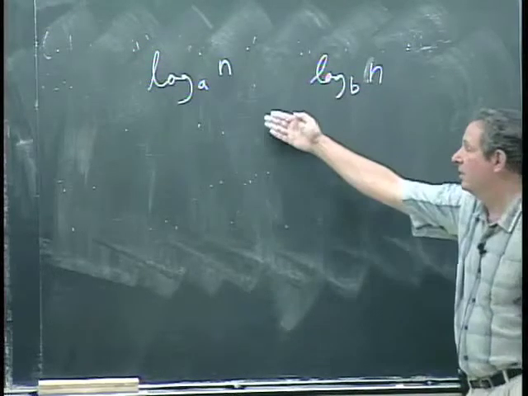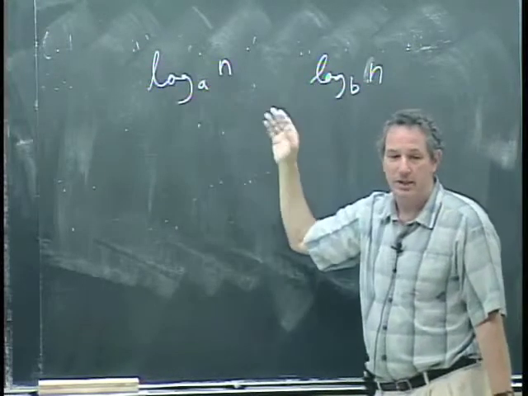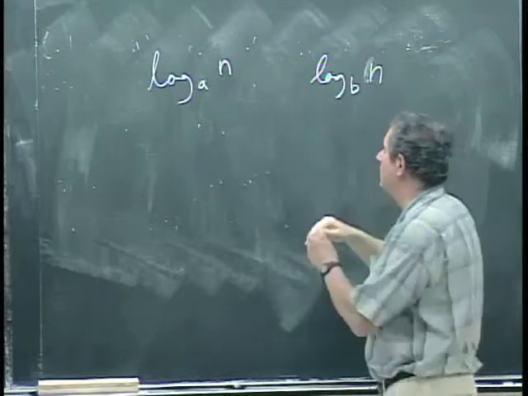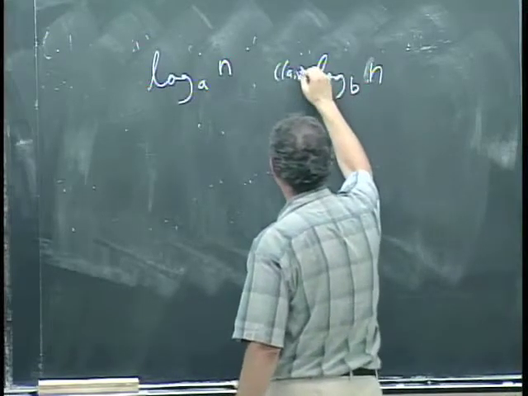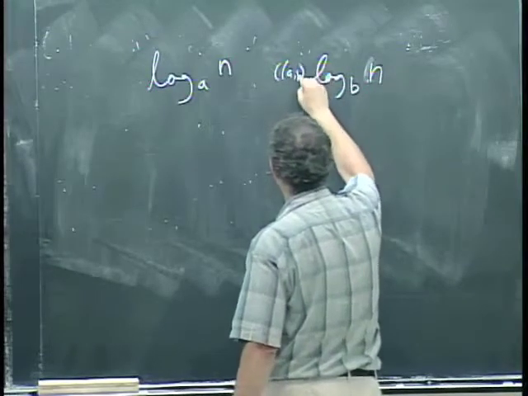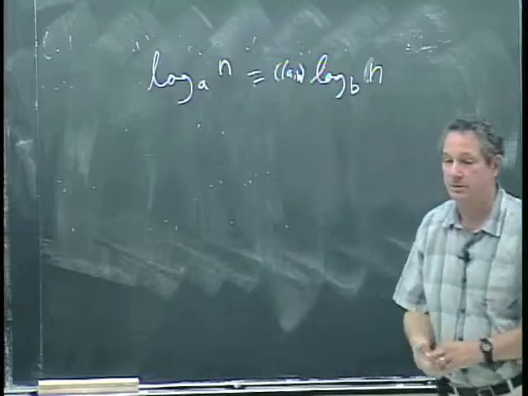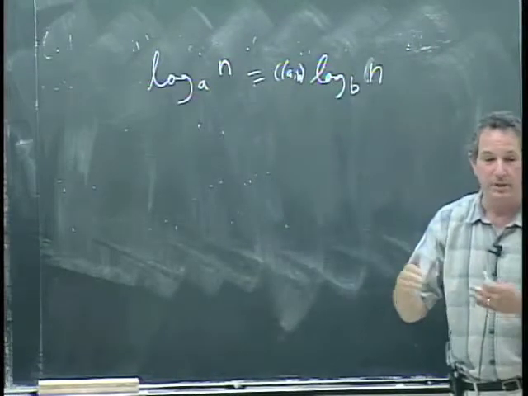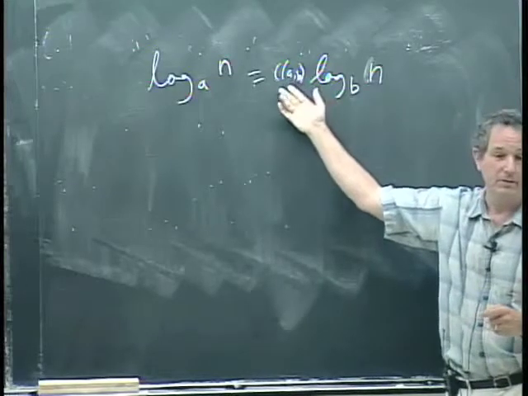No, the log with one base is equal to a constant that depends on A and B. It's just some constant number depending on A and B times the log of B. So logs of different bases only differ by some constant of proportionality. Okay?